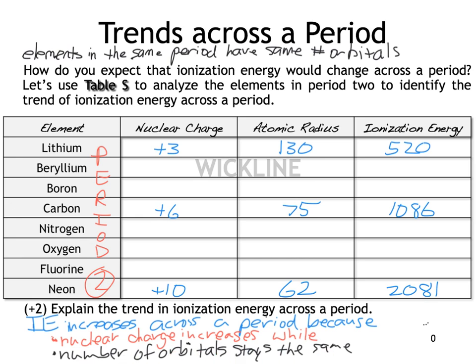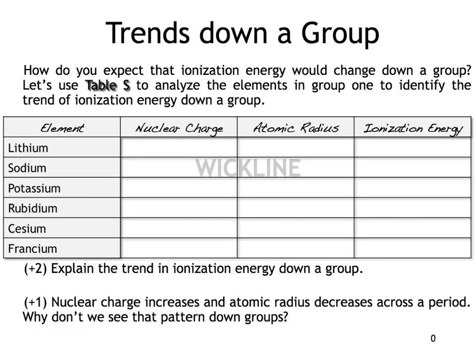If you're only talking about elements that have the same number of orbitals, then an increase in nuclear charge will result in an increase in ionization energy. But it's only true if those elements have the same number of orbitals. And I think we'll see some counterexamples in the next slide when we're looking at elements and their trends down a group.